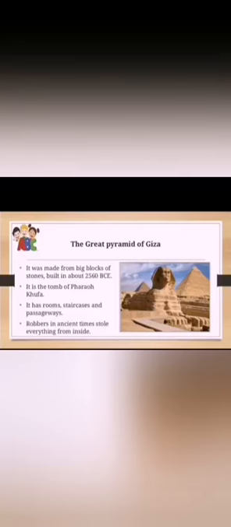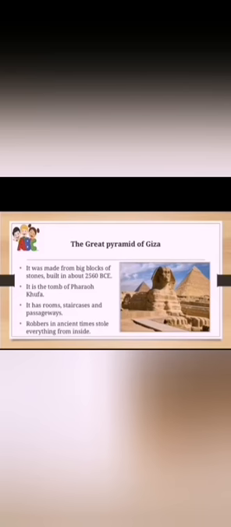So class, now I will tell you about the Great Pyramid of Giza. It is also known as the Pyramid of Khufu. It is the oldest and largest pyramid in Giza. It is made up of limestone and granite.